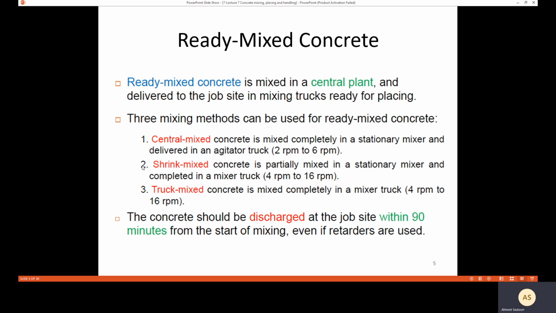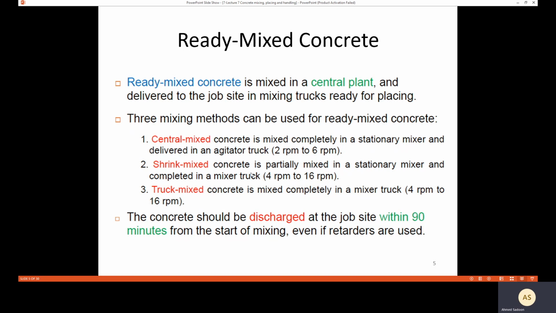Or the mixing could be done using the shrink mixed. In the shrink mix, the concrete is partially mixed in the stationary mixer and completed in the mixer truck. So this process is going to start in the stationary mixer and then be completed in the mixer truck.